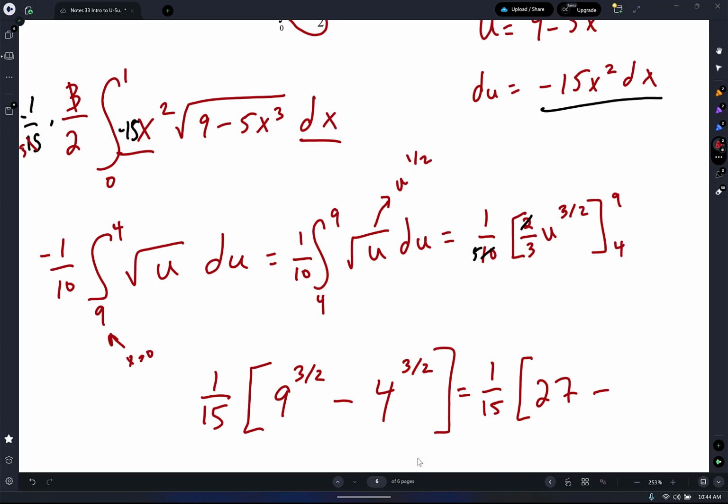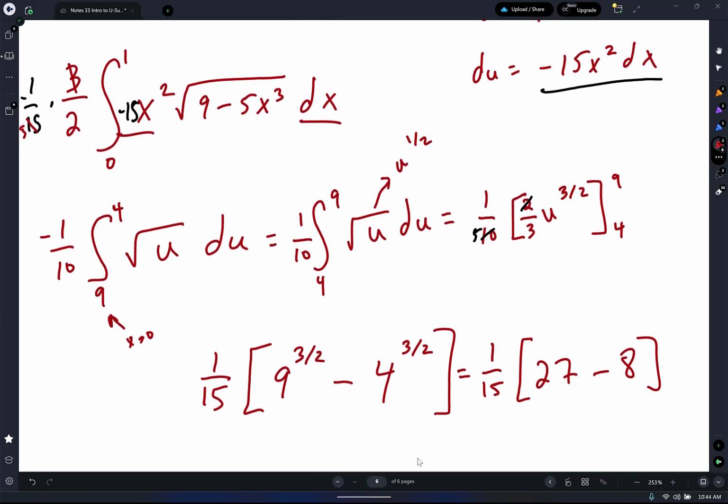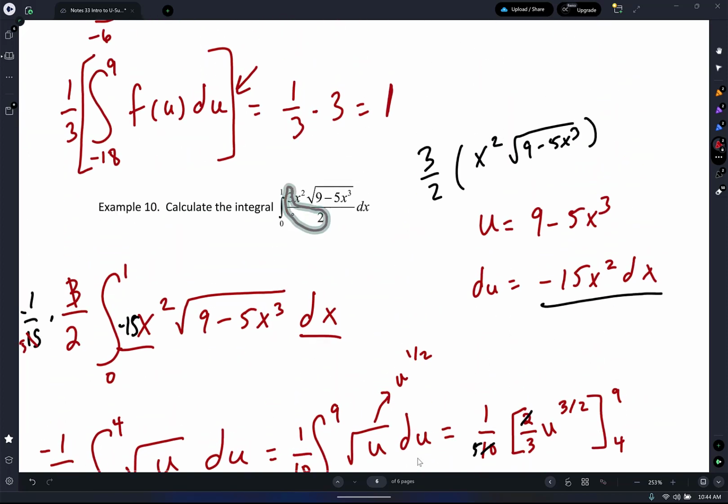Minus, what's the square root of 4? 2. And 2 to the third? 8. And finally, 27 minus 8? 19. So 19 over 15. Does that reduce? There it is. Done. So this expression in the very beginning just equals 19 over 15.